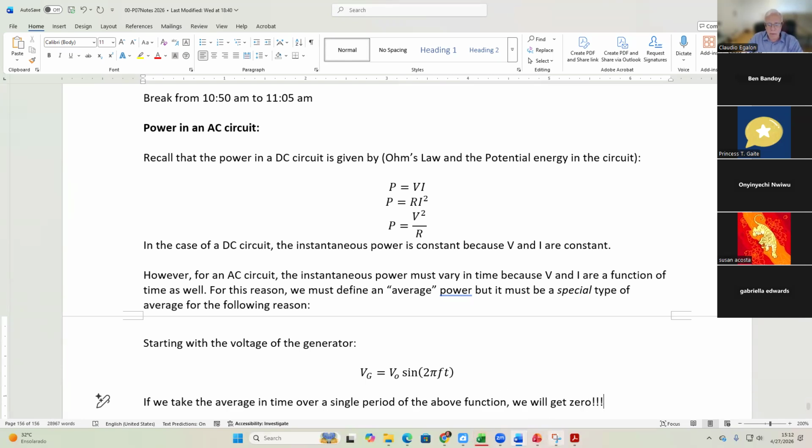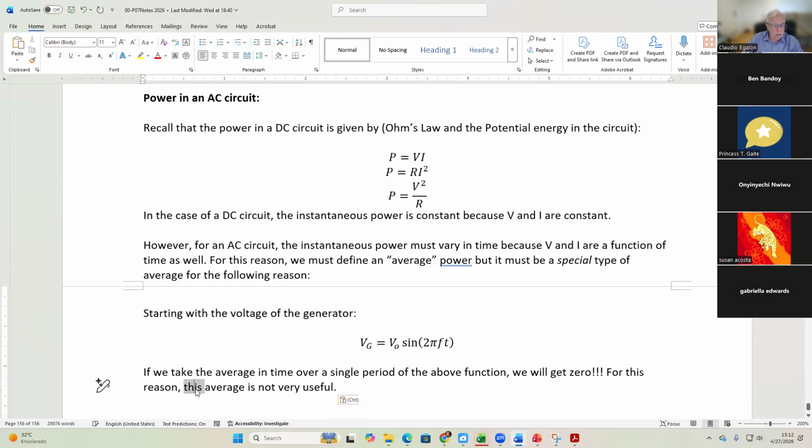The amount of time that the sine spends in the positive region is going to be canceled out by the amount in the negative region. That's why we have to consider a different type of average. We don't want a 0 result for this average. For this reason, the regular average is not very useful.